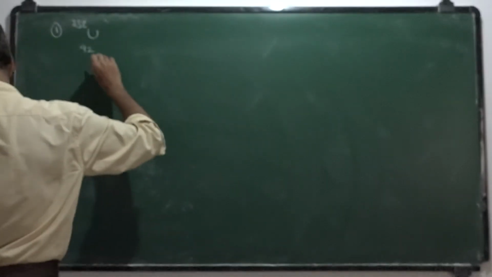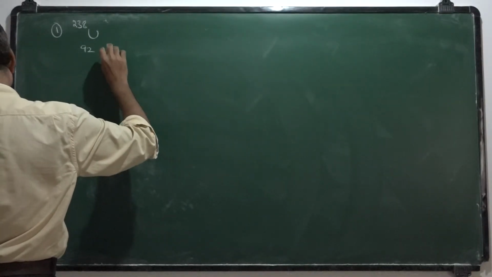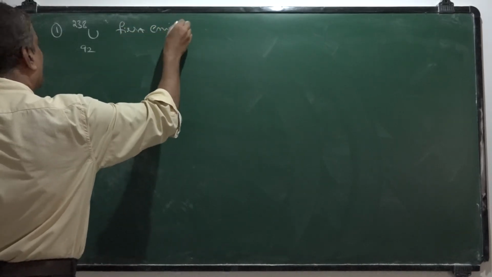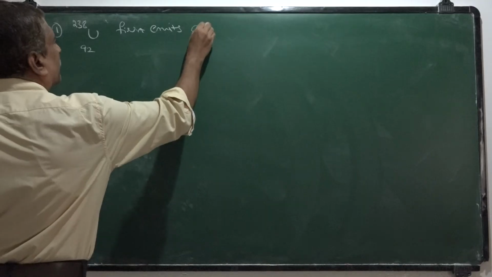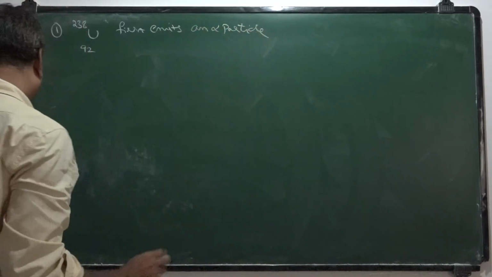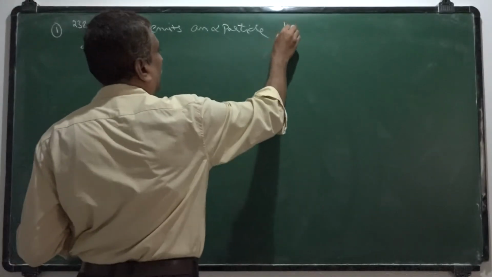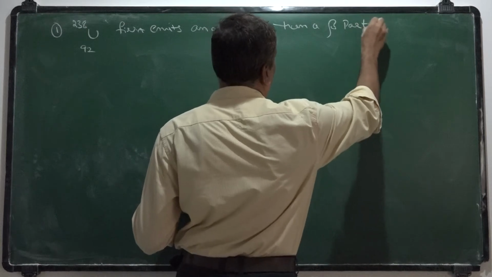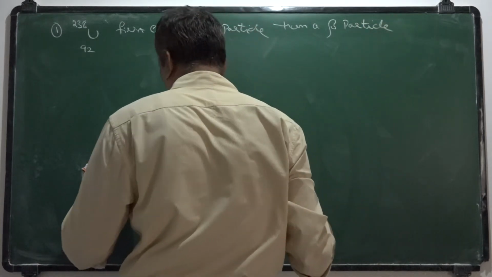Take the first one: uranium 92, 238 first emits an alpha particle, then a beta particle.